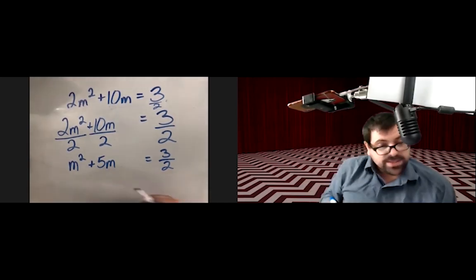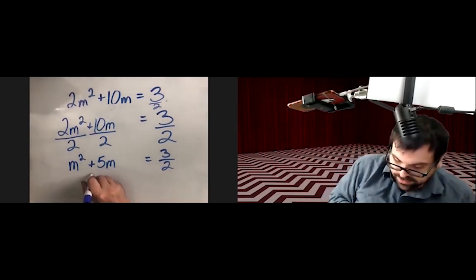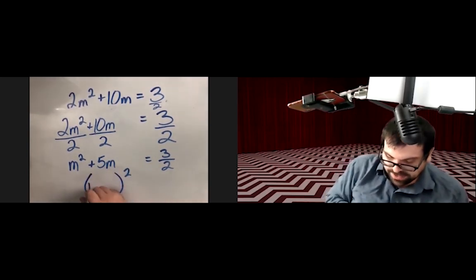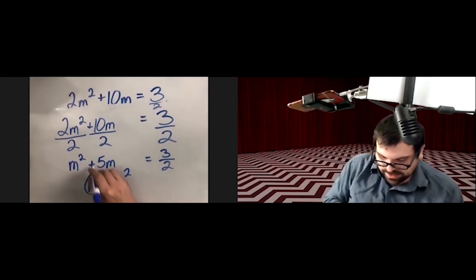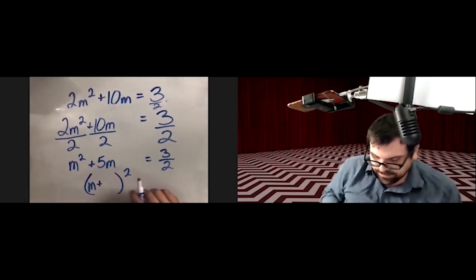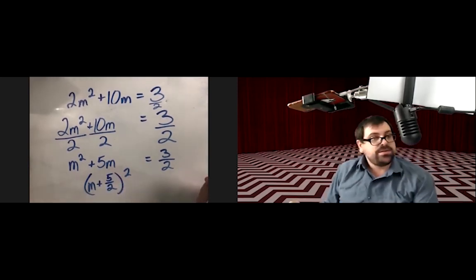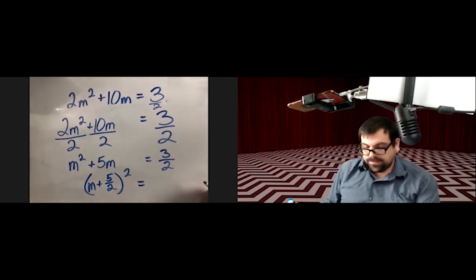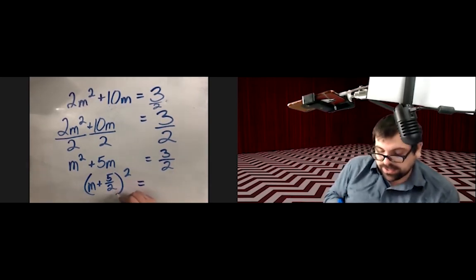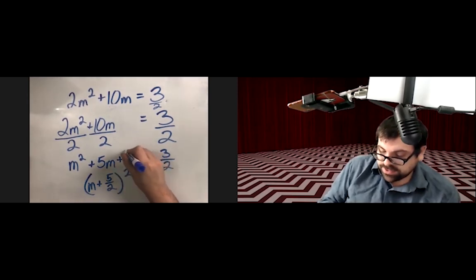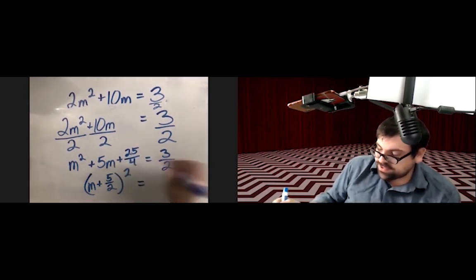Completing the square. Well, what's the square we're going to complete? It's going to be an m, it's going to be a plus, half of 5 is 5 halves. 5 halves squared is 25 fourths.